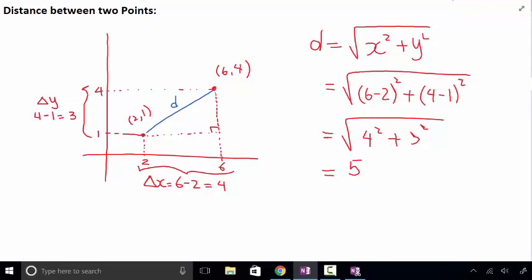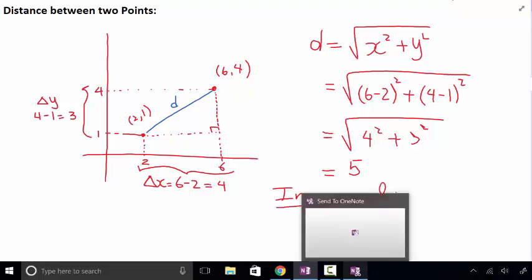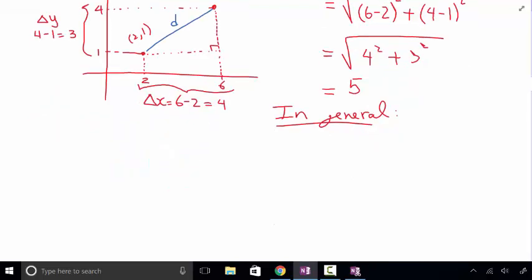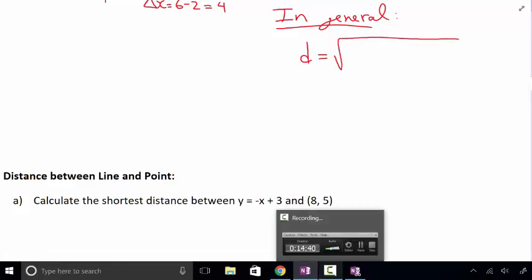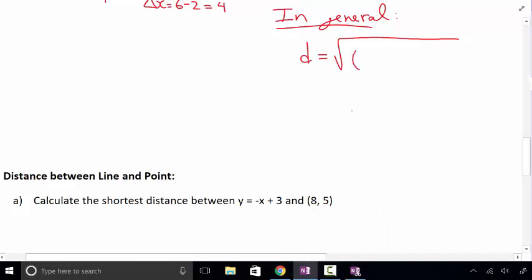Now, let me write the general formula. So in general, the general formula for the distance between 2 points is simply going to be D is equal to the square root of... where do we get that 6 and 2 from?